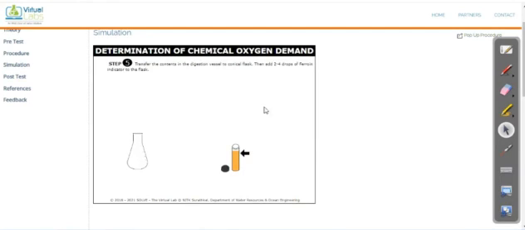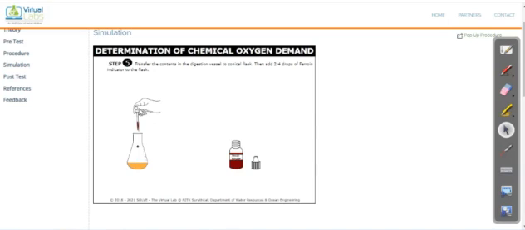For that, what we do? The solution which we kept in the digester, now we have to take it, pour it into the conical flask, use 2 to 4 drops of the ferroin indicator, remove the cap, click here, take the 2 to 4 drops of ferroin indicator and pour it into this conical flask.